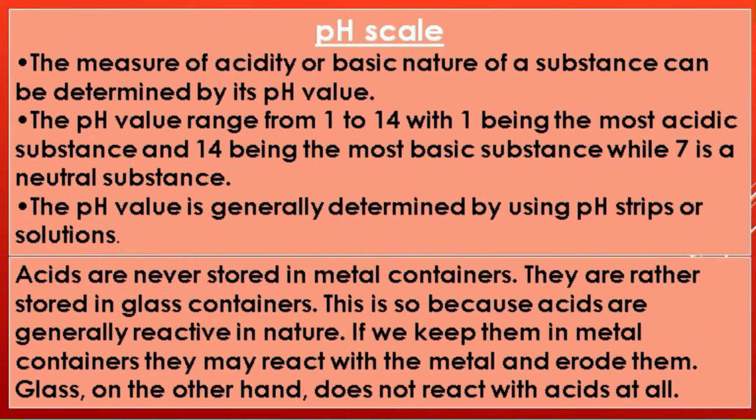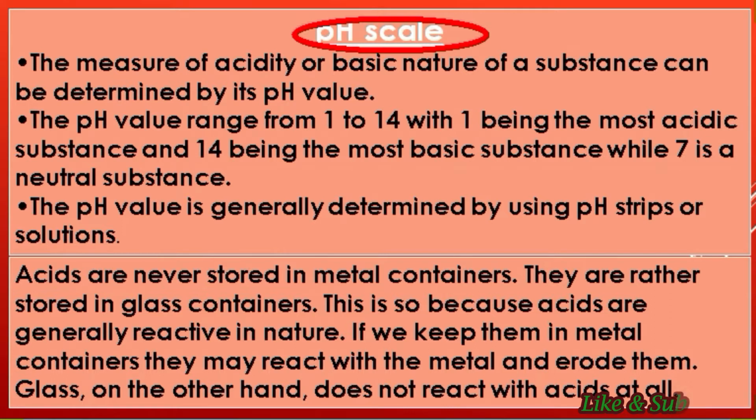Now students, as you can see here the heading pH scale. Students, this pH scale is basically a device that is generally used to find out the acidity or basicity of any substance.